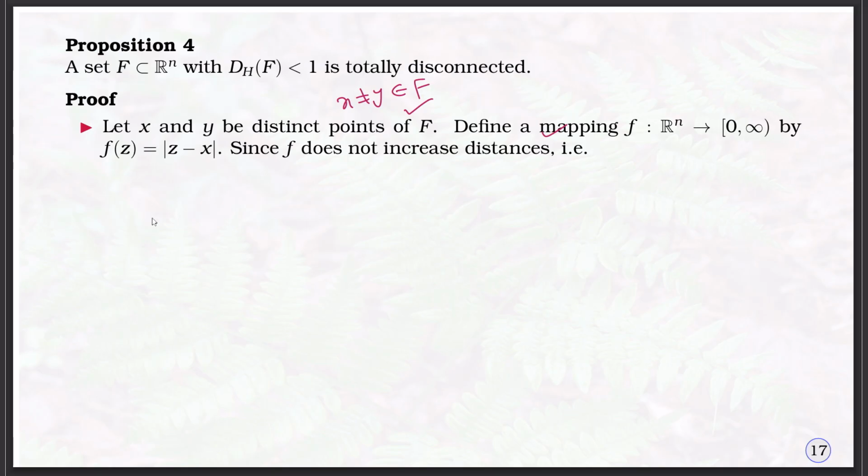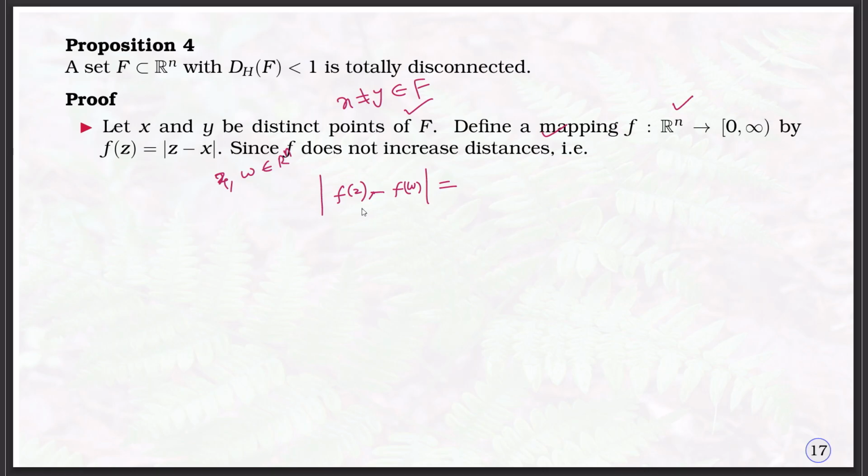for proving this, you can take two elements z and w in R^n and find the distance between f(z) and f(w). We are considering R^n with the Euclidean metric, and this norm denotes the Euclidean distance.